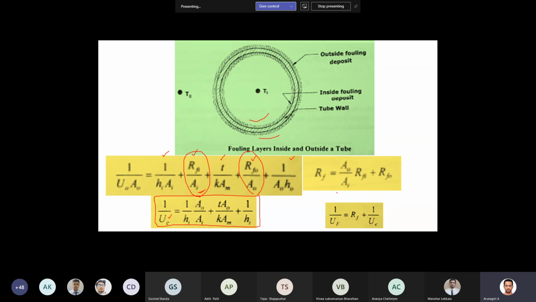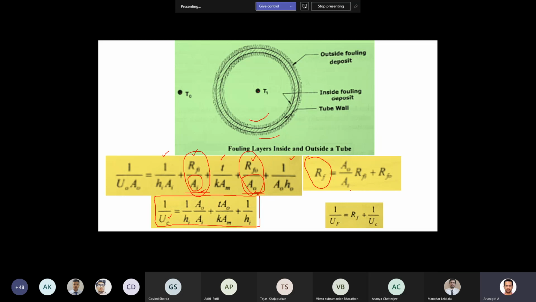Okay, so now you can sum up these two resistances. You can represent them in a single term like R_F, the fouling resistance. That is, R_F is equal to the sum of these two values, and you have to do the area correction, because this is calculated based on the inside area and this is calculated based on the outside area: 1 by A_i, 1 by A naught.